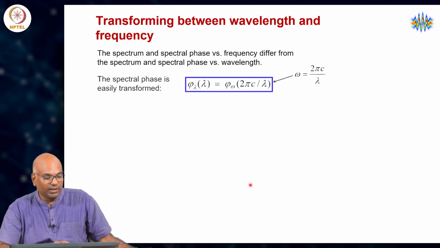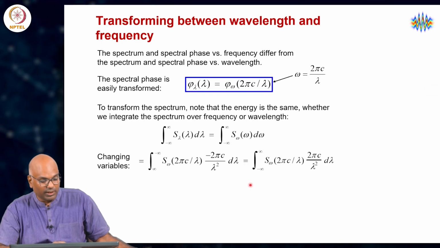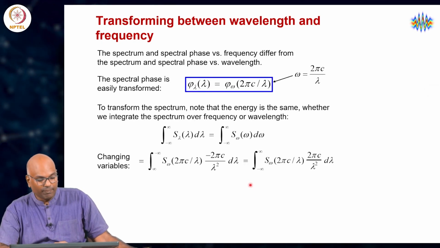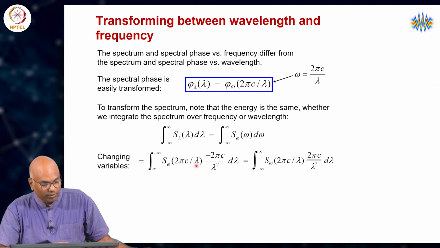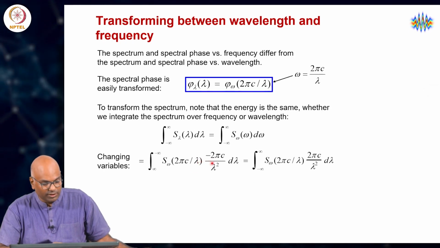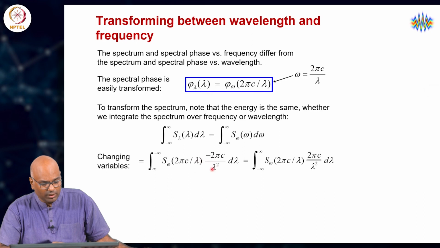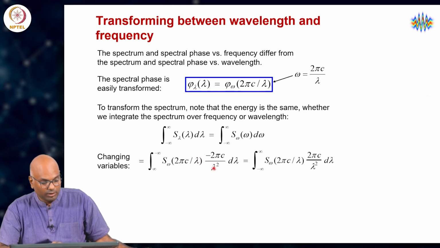Now, we can transform between the frequency and the wavelength domains by using the Jacobian of this transformation, which essentially is minus 1 over lambda squared.